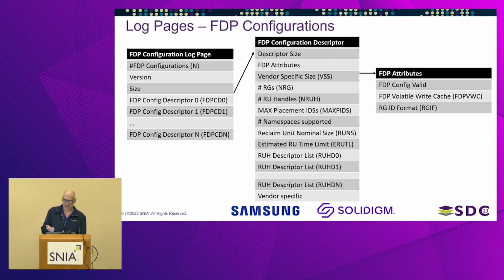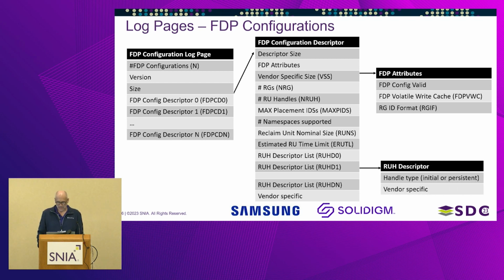So we would be telling you how long you can keep that open before, as the drive, I'm going to close that handle. And then there's basically descriptors for each of the reclaim units, where you can get more detailed information on each of the reclaim units. And as far as the descriptor goes, I would tell you what the media type or what the handle type is, whether it's initially isolated or persistently isolated.